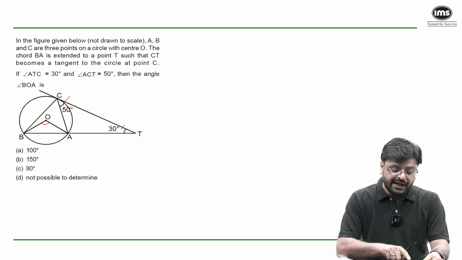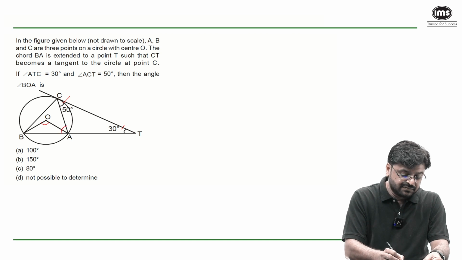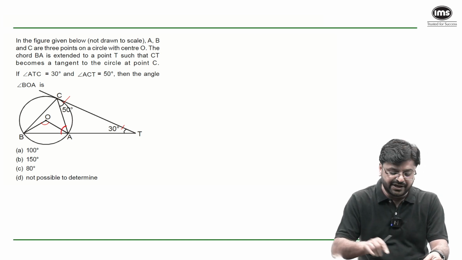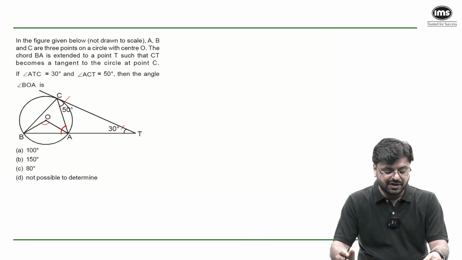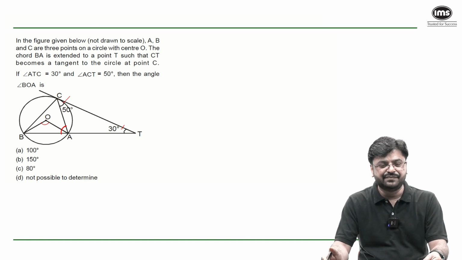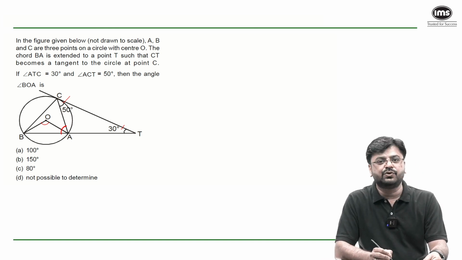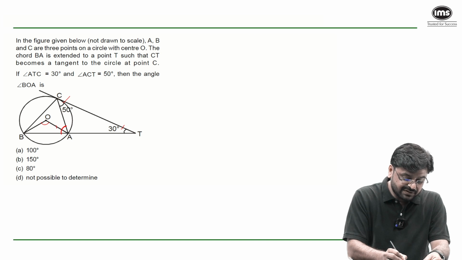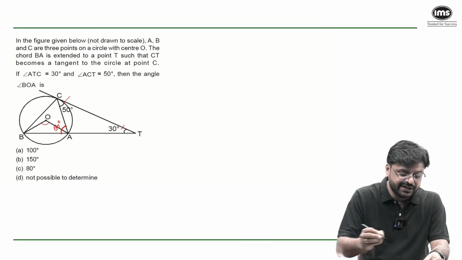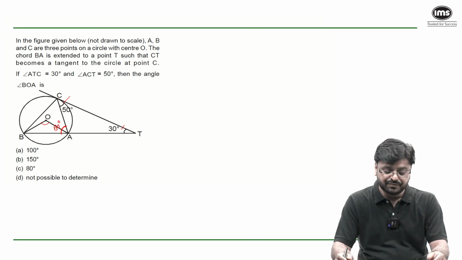Now, angle BAC, this angle is the exterior angle of triangle ATC. Angle BAC is the exterior angle of the triangle ATC, which is equal to the sum of two interior opposite angles. So that is 80 degree. First calculation.